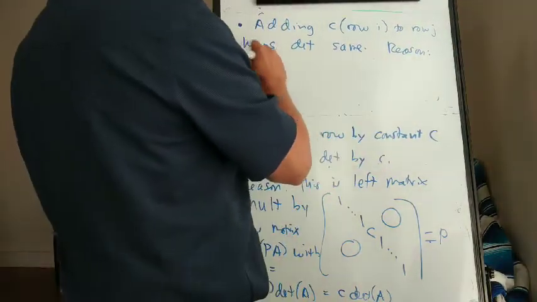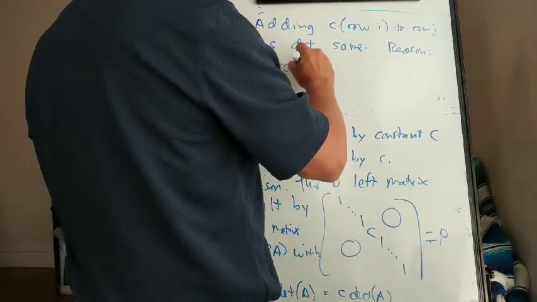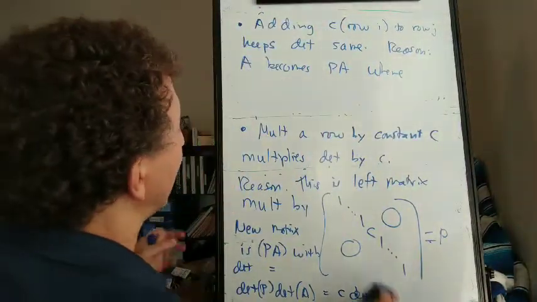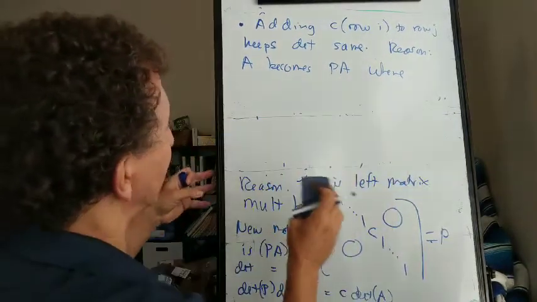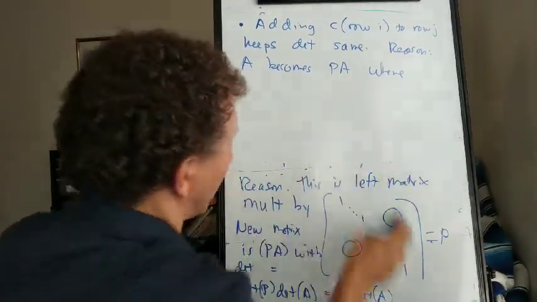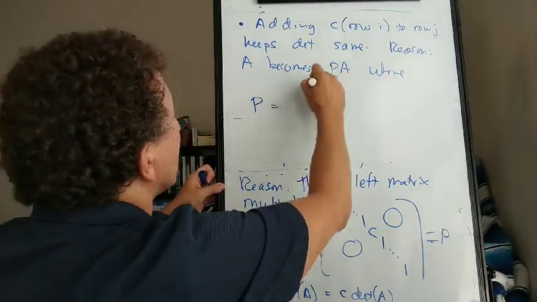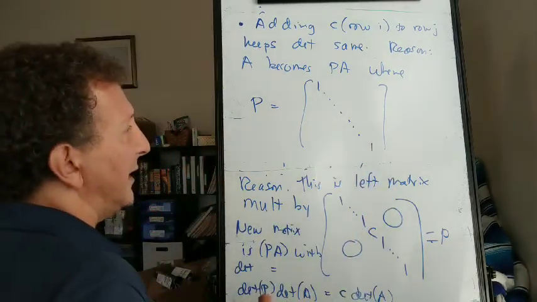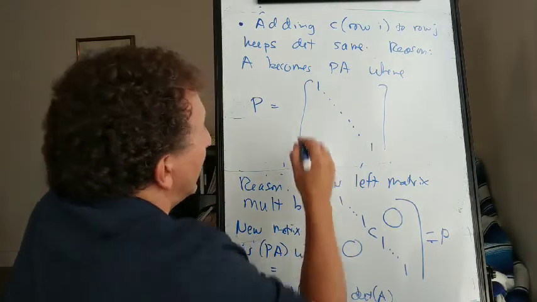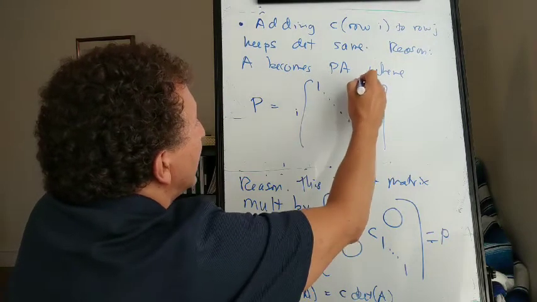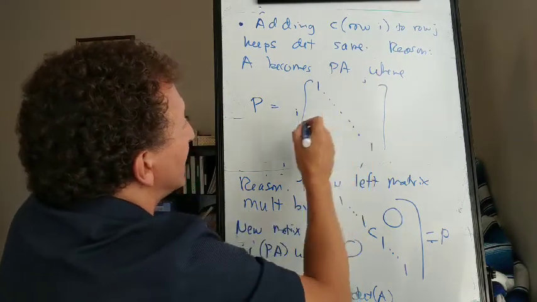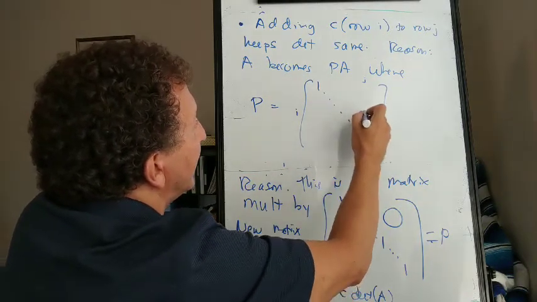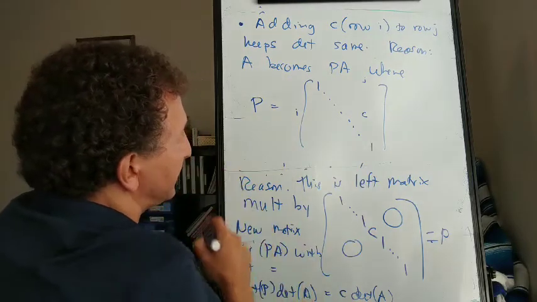And the reason is that A becomes PA, where, well, let's write out the matrix that adds C times row I to row J. It's going to have all ones on the diagonal. And then let's say here's row I and here's column J. So we'll have a 1 here, every one on the diagonal, and then a C off of the diagonal.